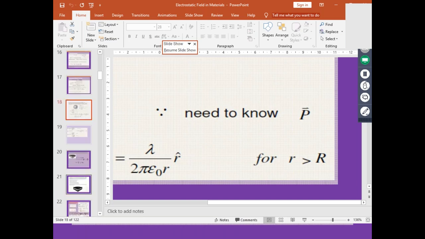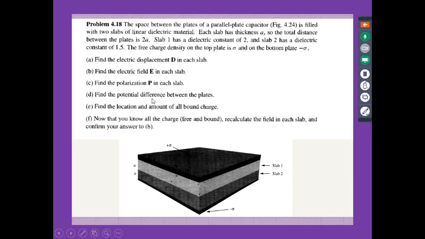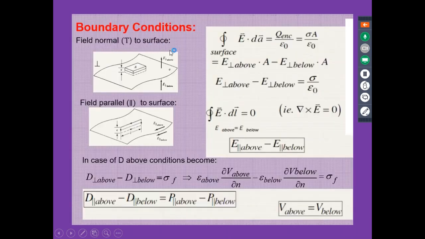So, sorry about that. Now, this is another example. Because of time, we will not be treating this one. This is for the field normal to the surface, then the field parallel to the surface, and we have the formula as this.